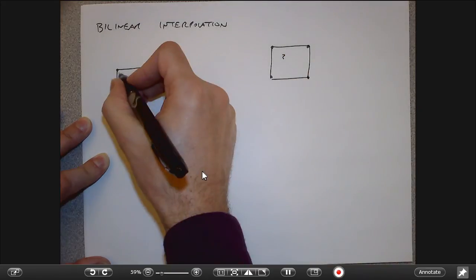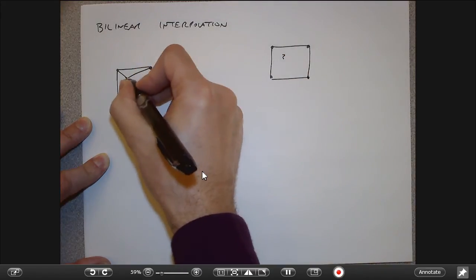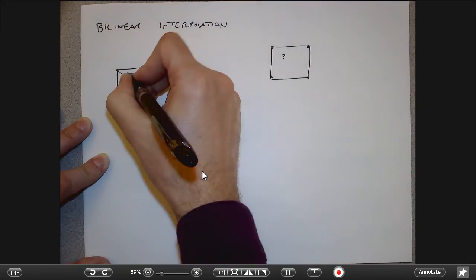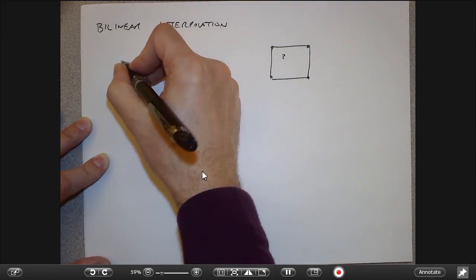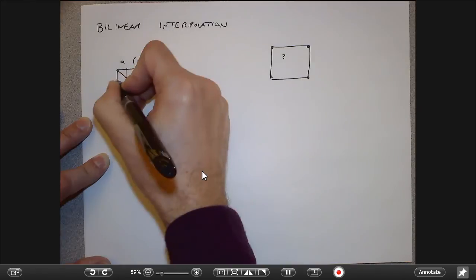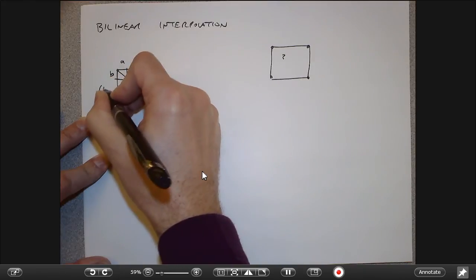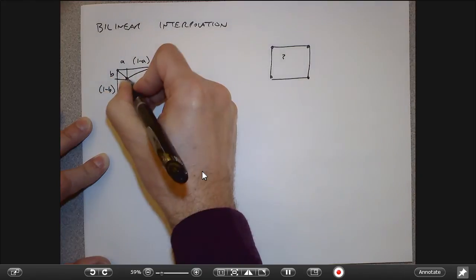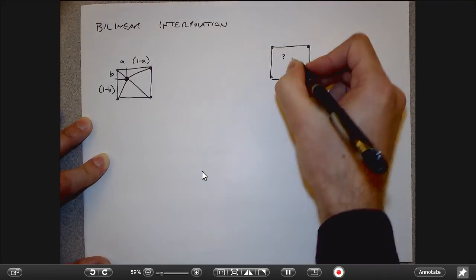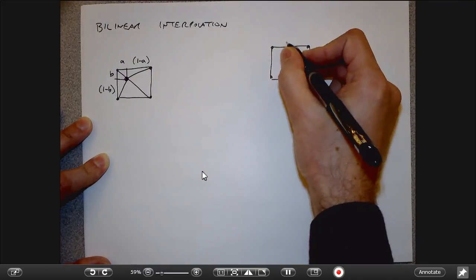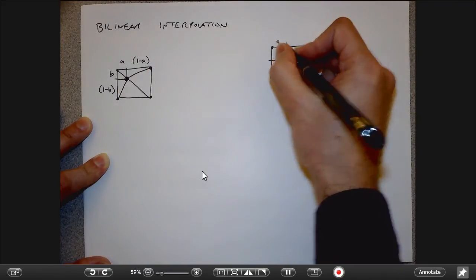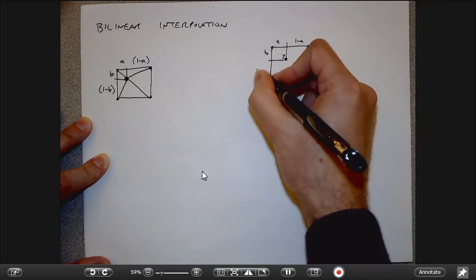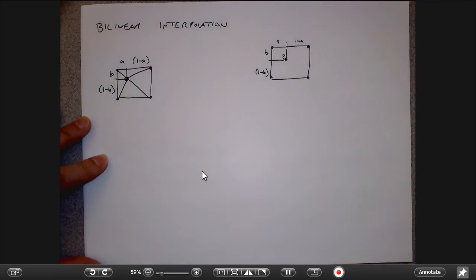Well, I find these distances. If this is A and this is 1 minus A, and this is B and this is 1 minus B, then this point over here is proportionally located at the same position over here.